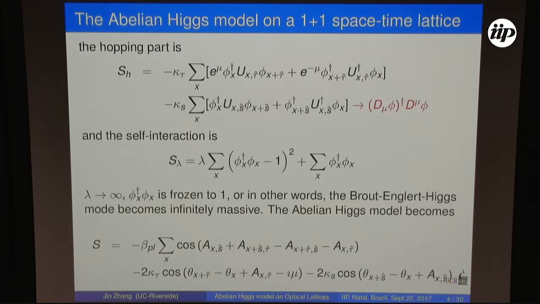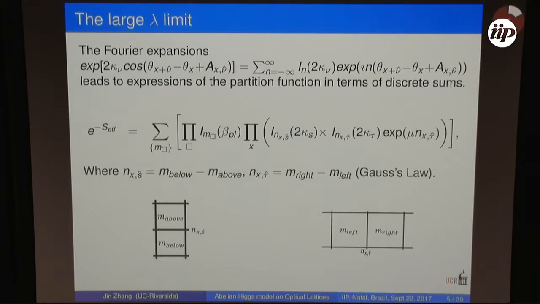This is very nice because we can use these Fourier expansions. Now the partition function can be expressed in terms of discrete sums of these modified Bessel functions, and the integral gives these two relations.